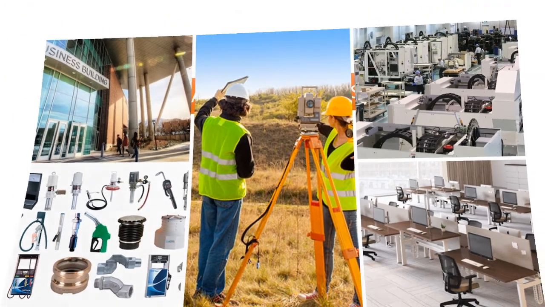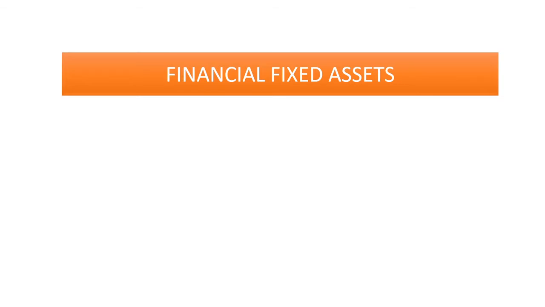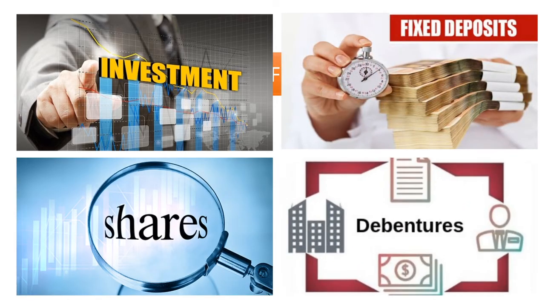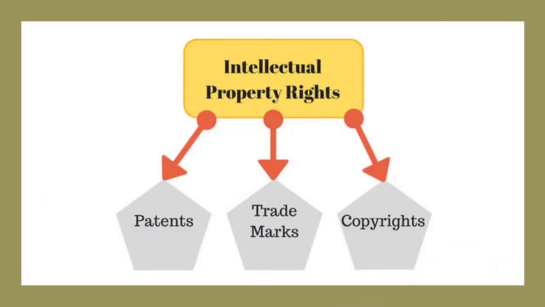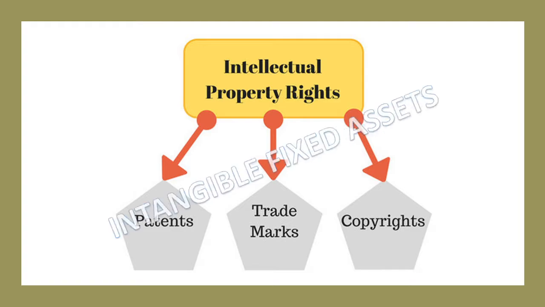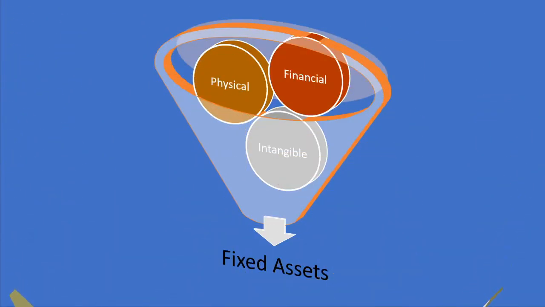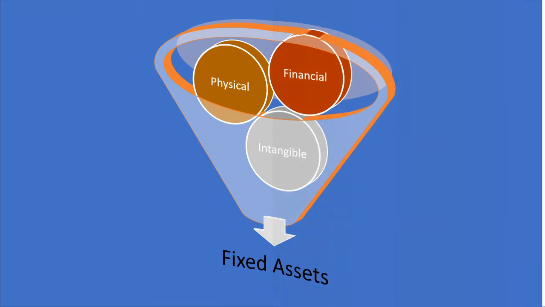Other than this, there are a few financial fixed assets like investments in other companies, fixed deposits, shares and debentures, etc. Beyond this, if a company owns any intellectual property rights such as patents, trademarks and copyrights of their own creations, they are also considered as fixed assets but named as intangible fixed assets. So finally we can conclude fixed assets in three categories as physical assets, financial assets and intangible assets.